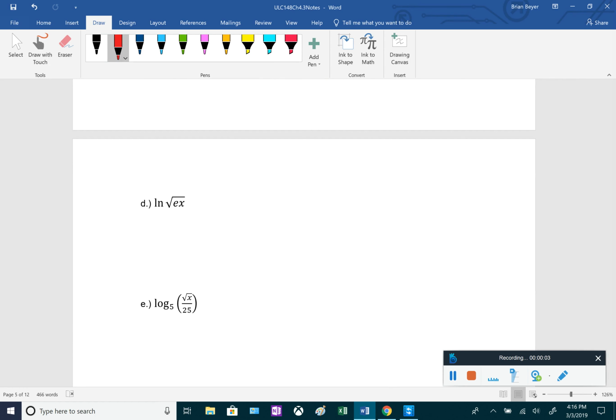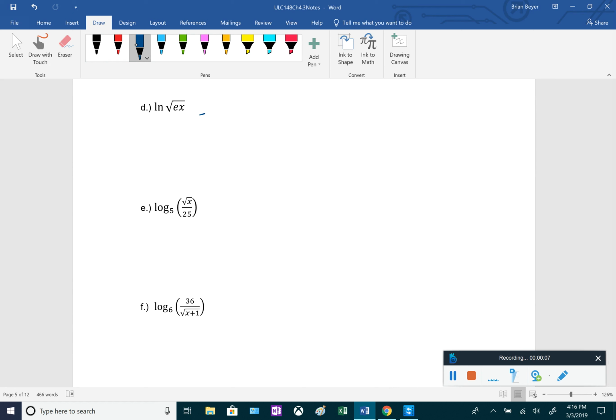And the next one here, we have ln of the square root of ex. So this is going to be the power rule first for this one. So it's going to be ln of ex to the 1/2. So now power rule, that's going to be 1/2 ln of ex. And now we can use the product rule.